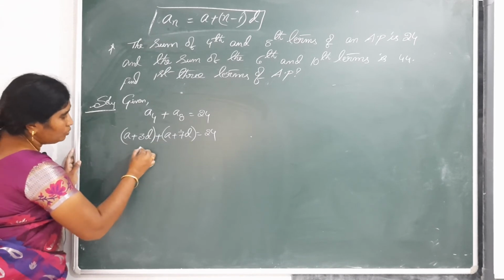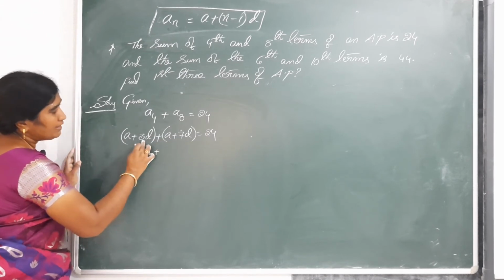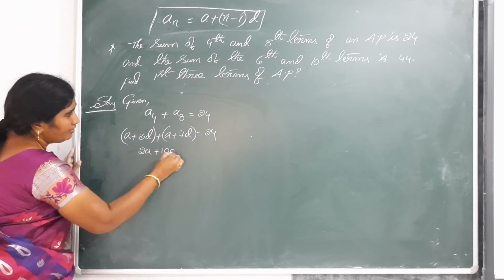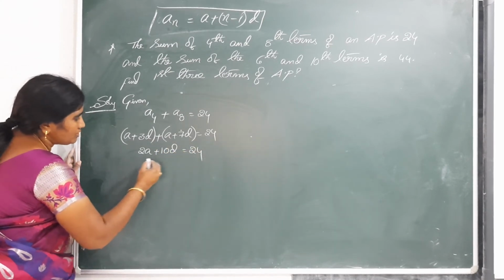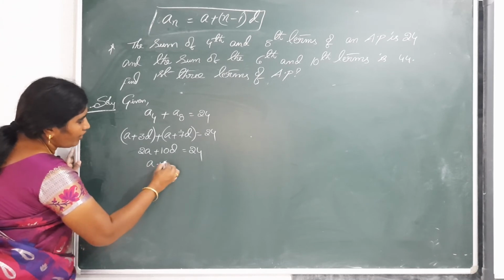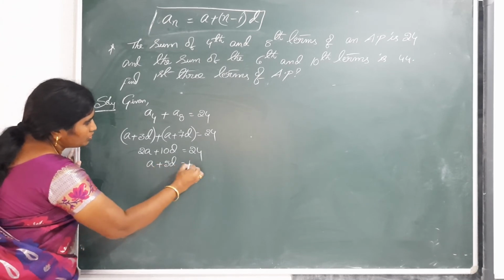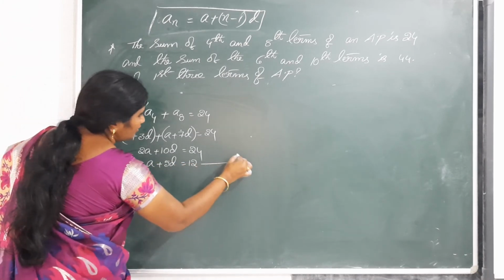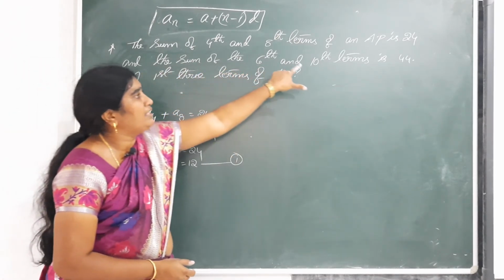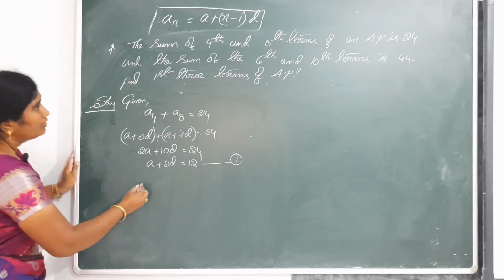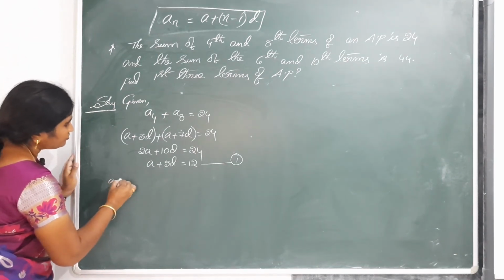A plus A is 2A, plus 3D plus 7D is 10D, equal to 24. Cancel 2 on both sides: A plus 5D equal to 12. This is equation 1.